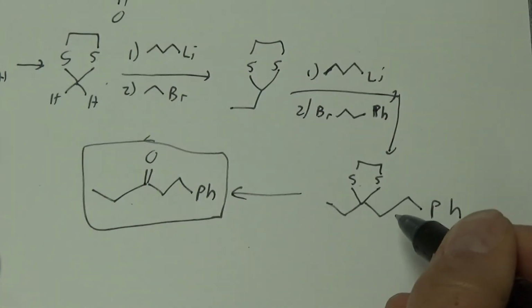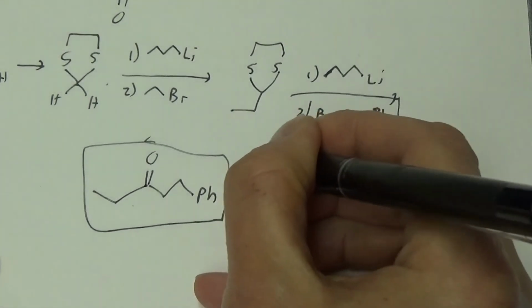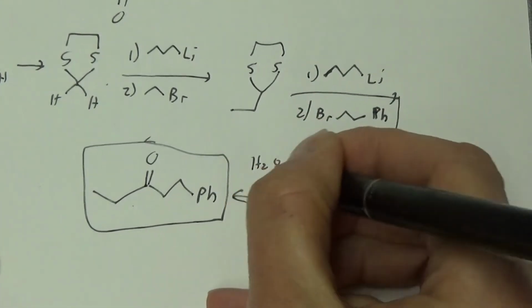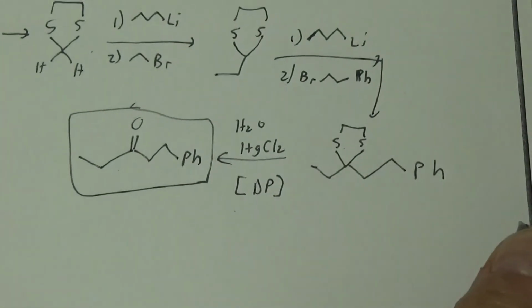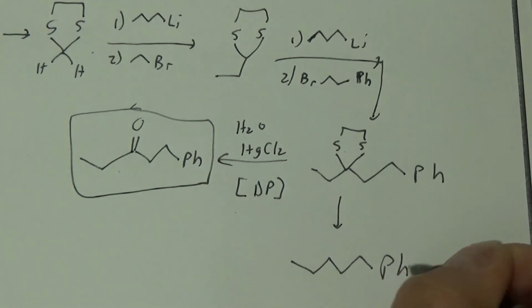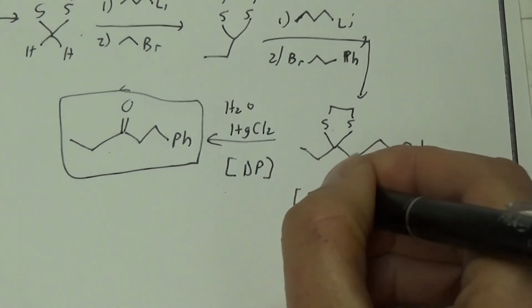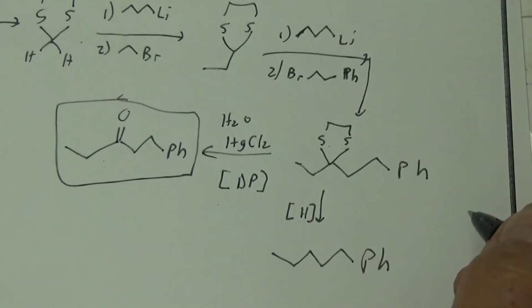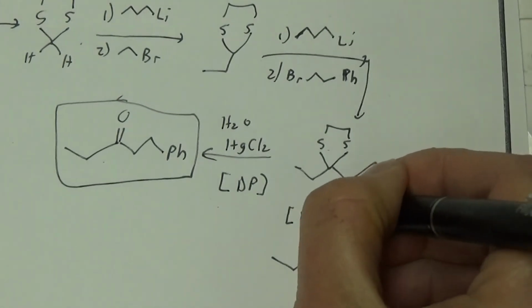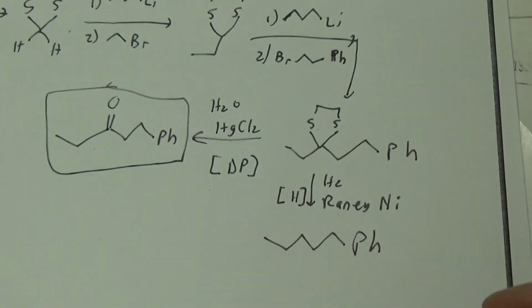We would just use what? Deprotect it with water and mercury chloride. Supposing we would just want to wipe it all off and make that, you could do that with bracket H bracket. What is it? H2 Raney nickel. Okay.